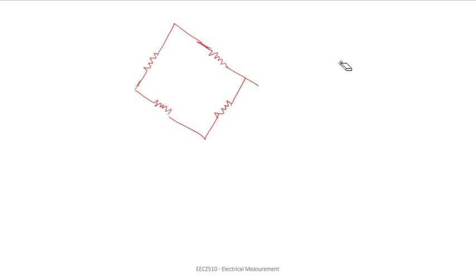Then there will be a detector, connected to this point, and there will be a source of voltage.